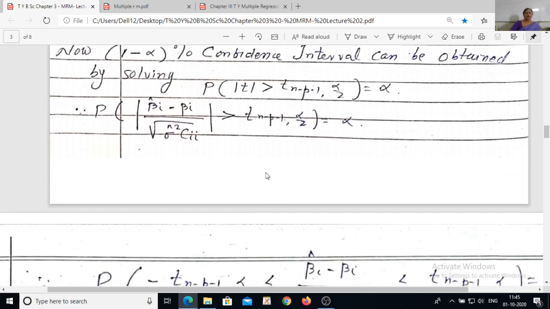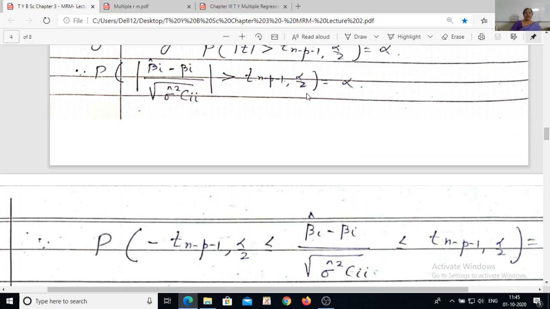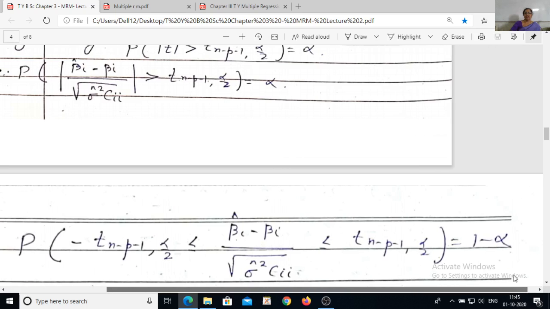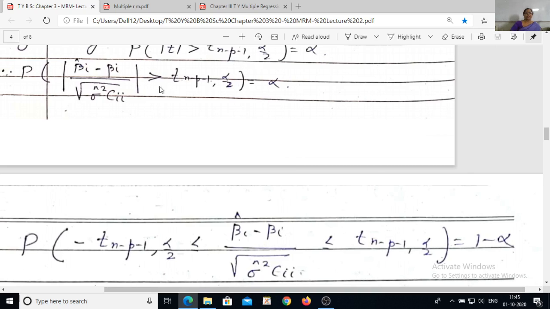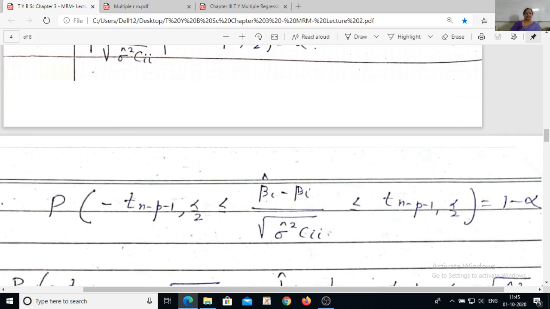When we remove this modulus sign, I need to write minus t is less than or equal to this quantity is less than or equal to t with n minus p minus 1 degrees of freedom at alpha by 2, and this probability is equal to 1 minus alpha. Because I am reversing the greater than or equal to sign, one has to write 1 minus alpha here. Now just solve this equation for your population regression coefficient beta i.